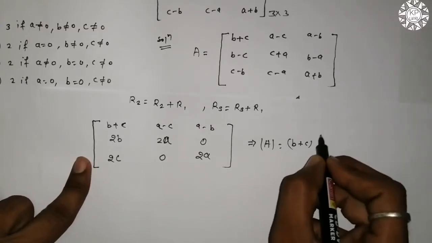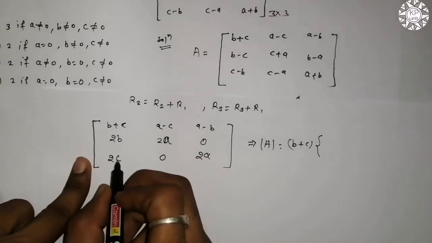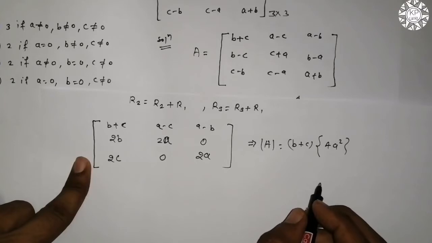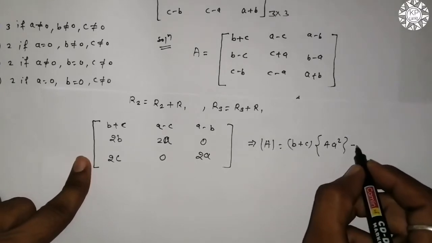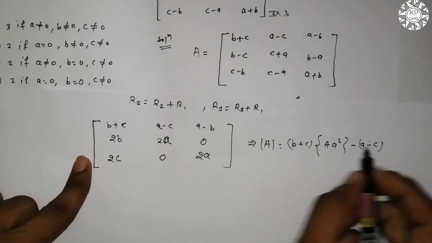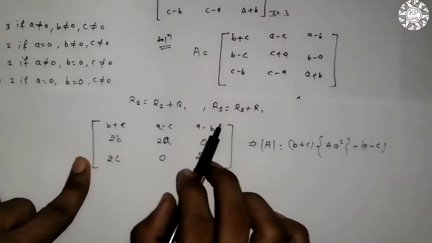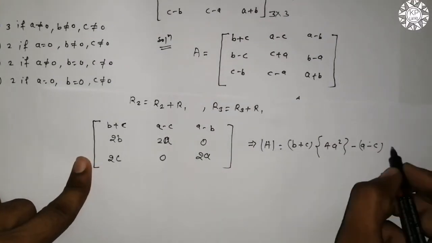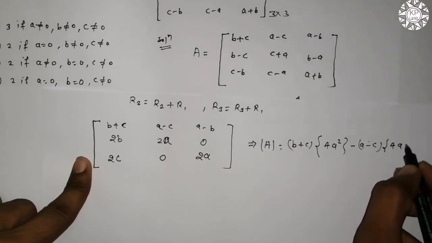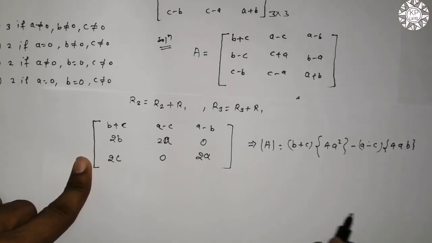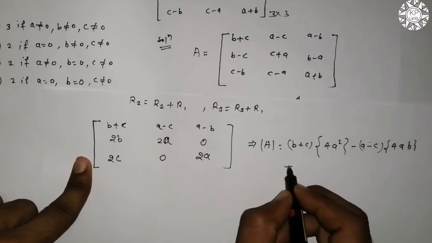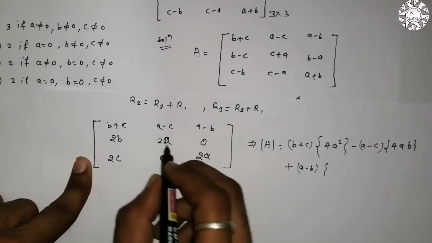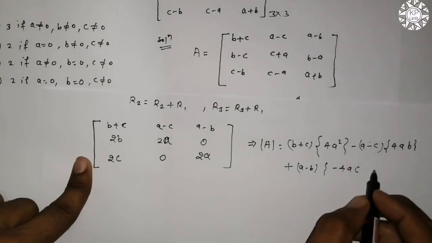Take b plus c, hide the first row and first column, we get 4a square. Then hide the first row and second column, we get 4ab, and for the first row and third column we get minus 4ac.